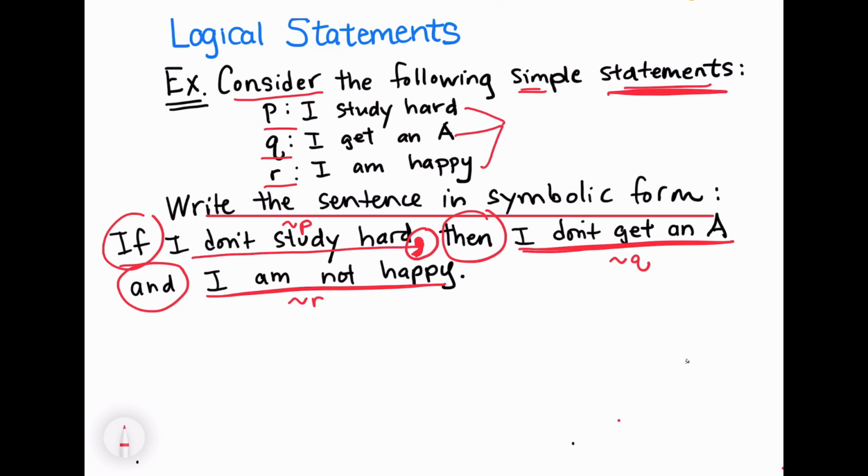I'm going to read the part after the comma as not Q and not R. I think of those as together because of the separation of the comma, so I'm going to group those together in parentheses. Then I look at the part that occurred before the comma. It says, "if I don't study hard," so that is not P. Then all of the stuff that occurs after the comma. So this is a conditional statement, if, then. And as I said before, you don't always see the "then."